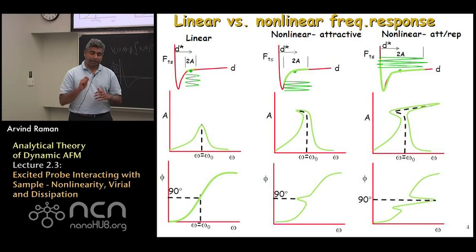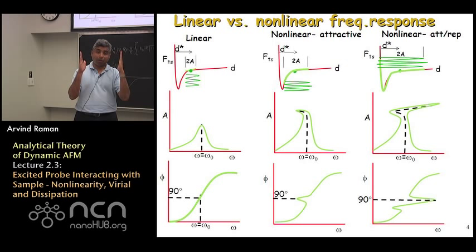If one, on the other hand, does a tuning curve where at the peak, when it's really at resonance and oscillating pretty hard, the tip oscillates back and forth and covers a pretty large range of tip-sample interaction forces, both from the attractive all the way to the repulsive, so the amplitude is comparable to d star, the resonance response is no longer the simple canonical result.